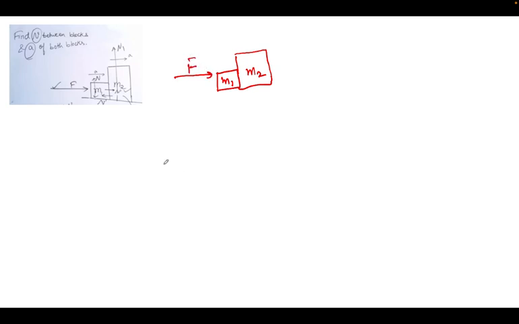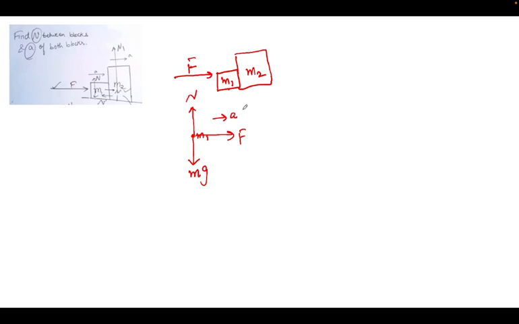For this we first need to draw the free body diagram for mass m1. Suppose this is mass m1, its weight will be downward, its normal reaction will be upward, and the force we are applying is in this direction, and it is accelerating.